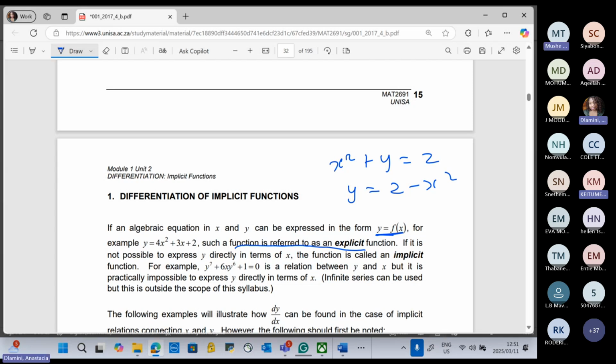Meaning if you have something like x squared plus y squared is equal to 2, you can't write y is equal to 2 minus x squared, or y is equal to the square root of 2 minus x squared. You'll end up having a plus or minus. Does it make sense now? So therefore, we call those implicit functions.